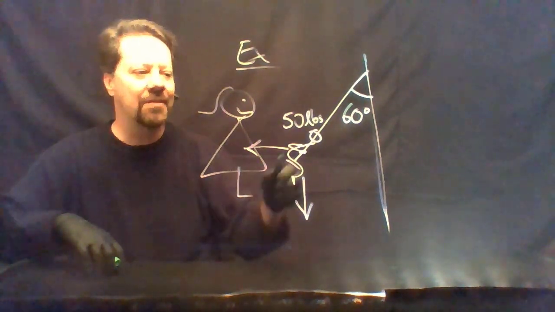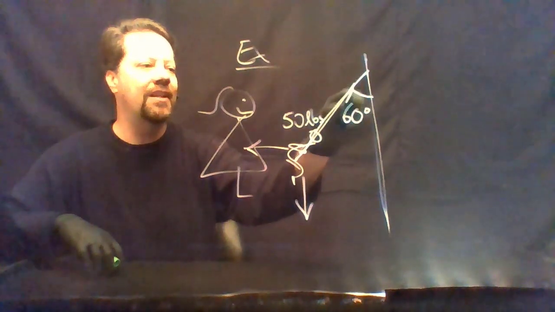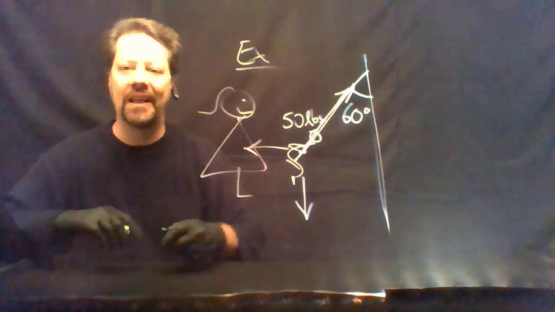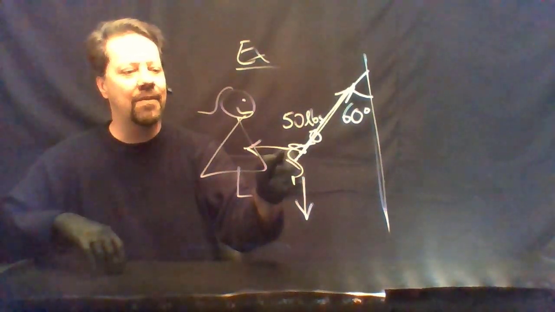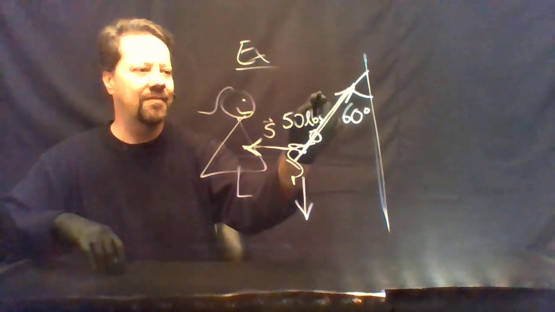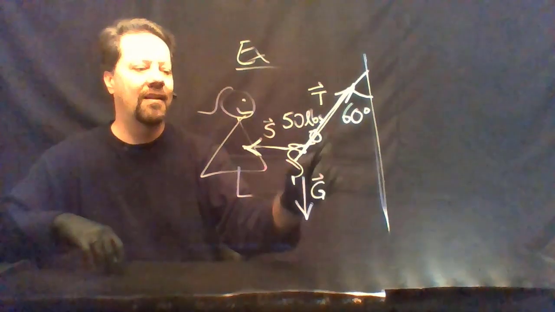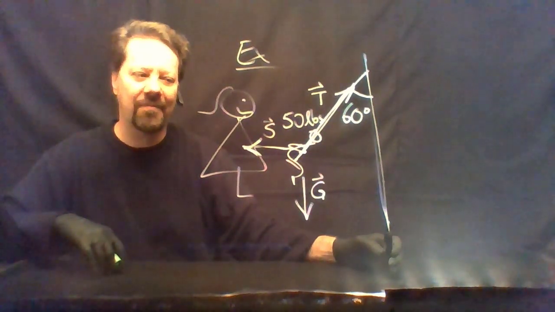Now, there is another force that is acting on this child, and that is the force of tension in the ropes of the swing. There are three forces involved here. There's the sister force, there's the tension force, and the gravitational force.